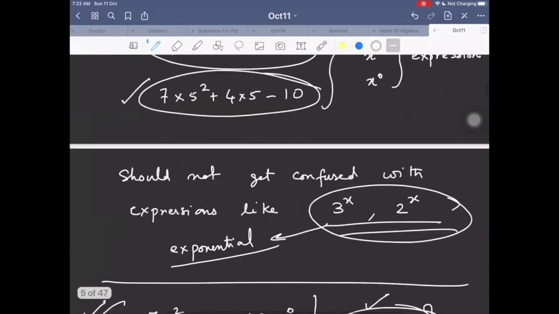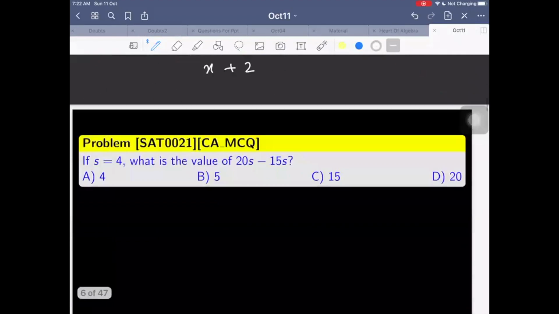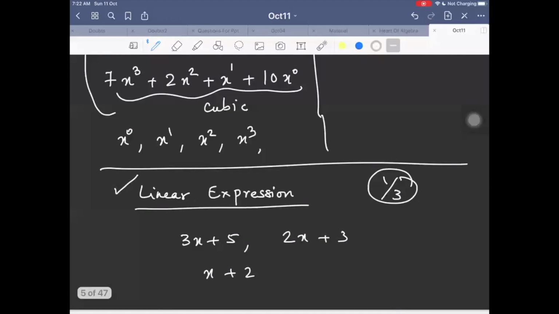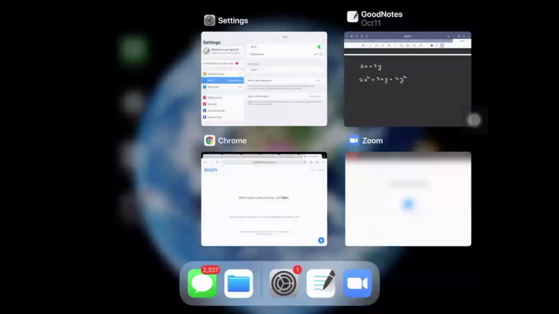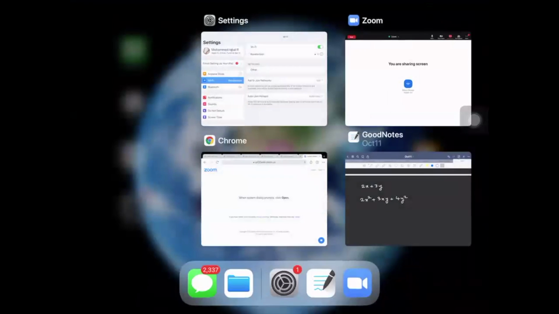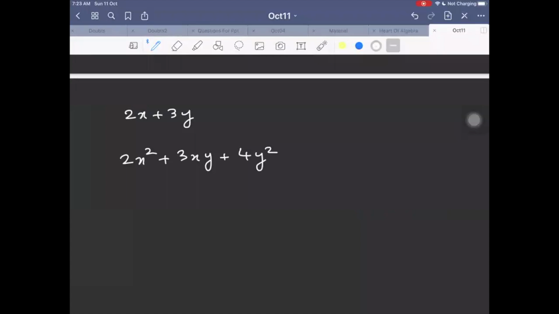Okay, I'll state it more clearly. There are two expressions, 2x plus 3y, and 2x squared plus 3xy plus 4y squared. Both of them are expressions in two variables. That is fine, right?